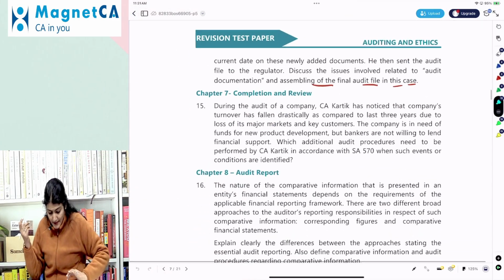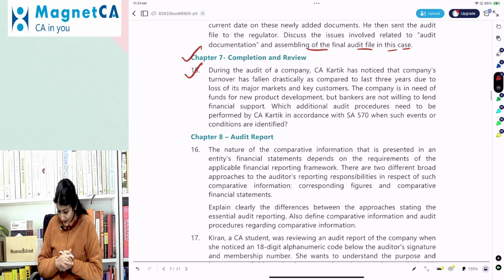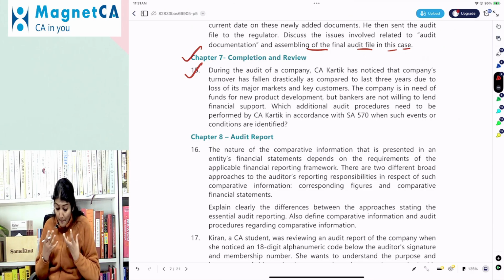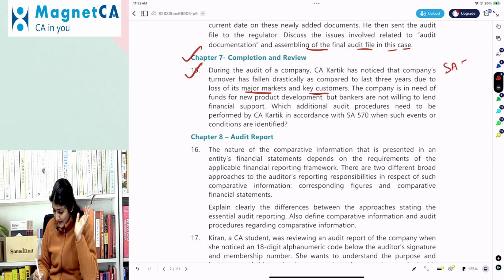Right, coming to chapter number 7, completion and review, question number 15. During the audit of a company, CA Karthik has noticed that the company's turnover has fallen drastically as compared to the last 3 years due to loss of major market and the customer. Immediately, you can sense SA 570 over here, which is regarding the going concern.